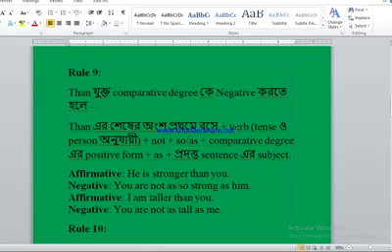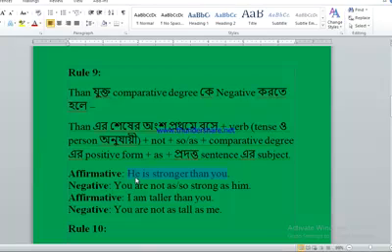Verb according to tense or person, then you will add "not" plus "so" or "as" plus the comparative degree. That means the positive form of the comparative degree plus "as" plus the subject of the comparative degree.